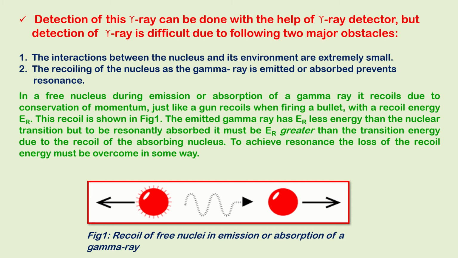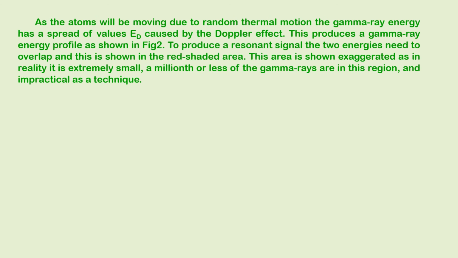The emitted gamma ray has less energy than the nuclear transition, by the recoil energy. But to be resonantly absorbed, it must have energy greater than the transition energy by ER, due to the recoil of the absorbing nucleus. To achieve resonance, the loss of the recoil energy must be overcome in some way. As the atoms will be moving due to random thermal motion, the gamma ray energy has a spread of ED caused by the Doppler effect, that is, the Doppler energy.